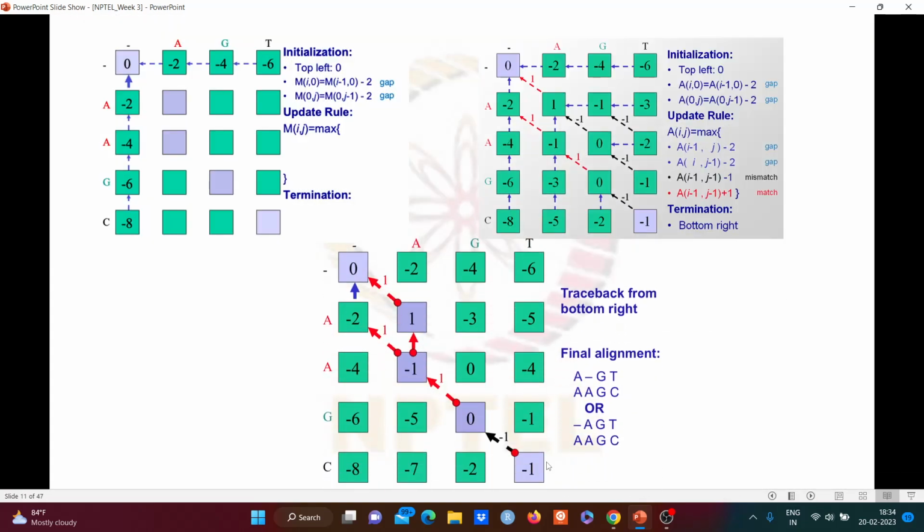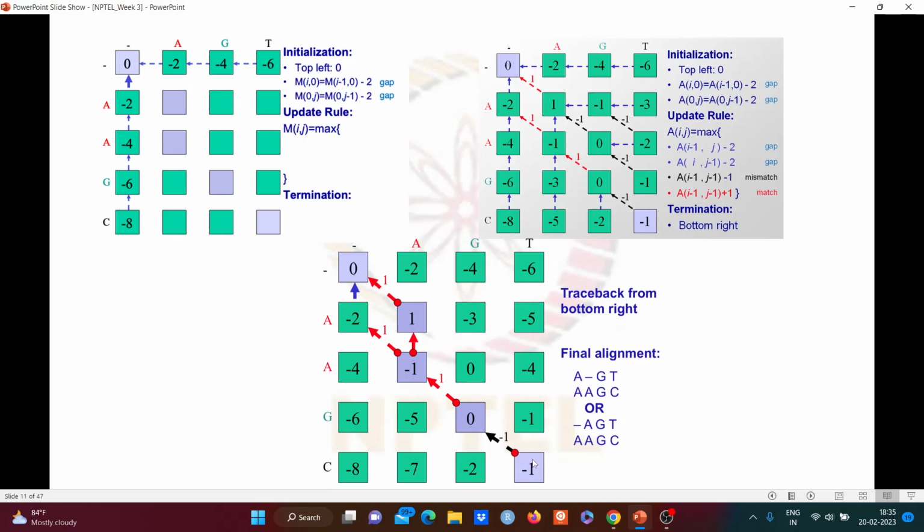So here when you see the last -1, this value of -1 has been derived from the calculation done on the 0 cell, highlighted in blue. And the value of 0 has been obtained from -1, this value of -1 has been obtained from 1, and this value of 1 has been obtained from 0.